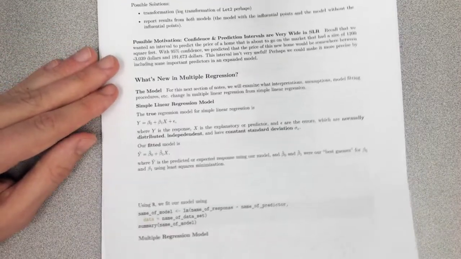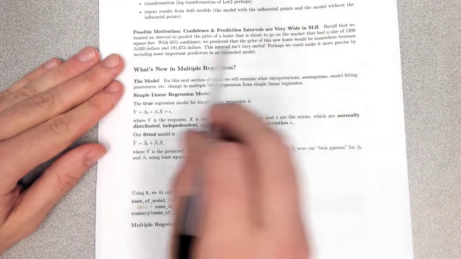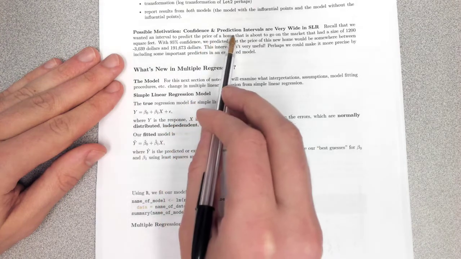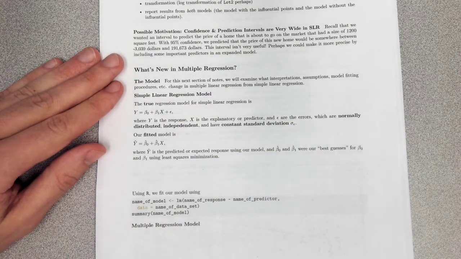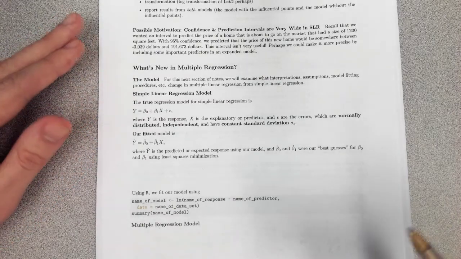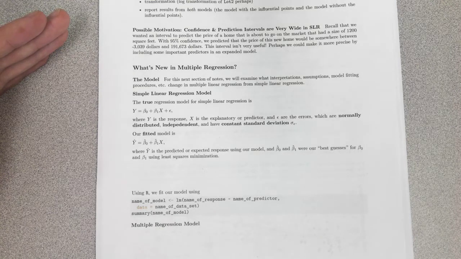A second motivation that we'll just briefly mention is that we saw in some capacity that a confidence interval or a prediction interval for a new response might be pretty wide if there's not that strong of a relationship between our response and predictor.